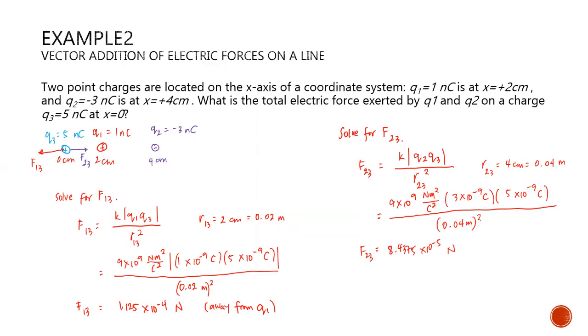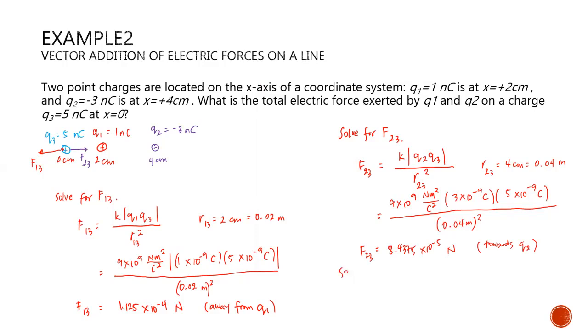All right, so the direction is towards Q2, right? So we use a positive value for F sub 2, 3 and a negative value for F sub 1, 3, to get the total electric force.